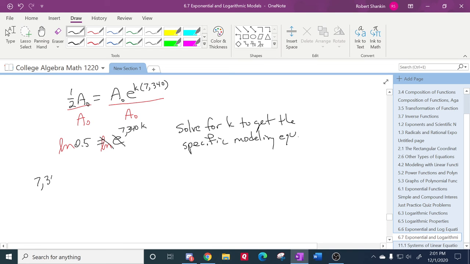Turn it around. And then I'm going to divide both sides by 7,340. And k is this.